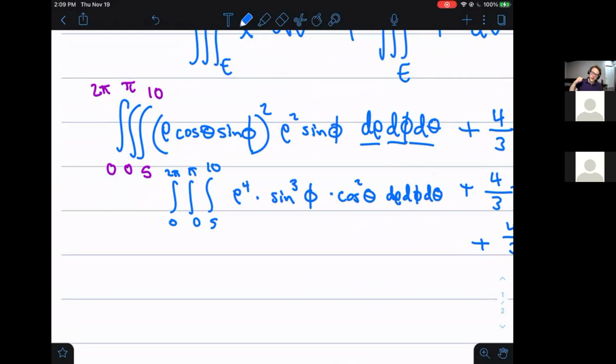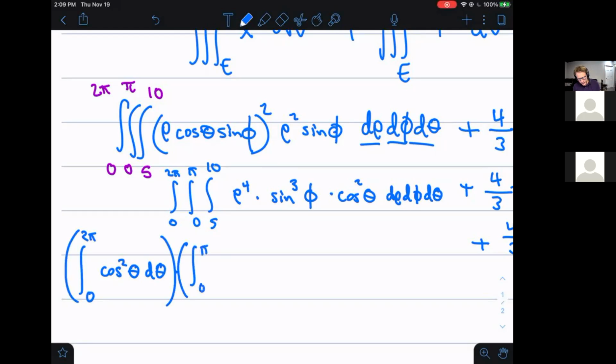So notice we have a function of rho times a function of phi times a function of theta. And this is exactly what we need if we want to split this up. So you're allowed to make this the integral from 0 to 2 pi of cosine squared theta d theta, and we could evaluate this, times the integral from 0 to pi of sine cubed phi d phi, and then the integral from 5 to 10 of rho to the 4th d rho.